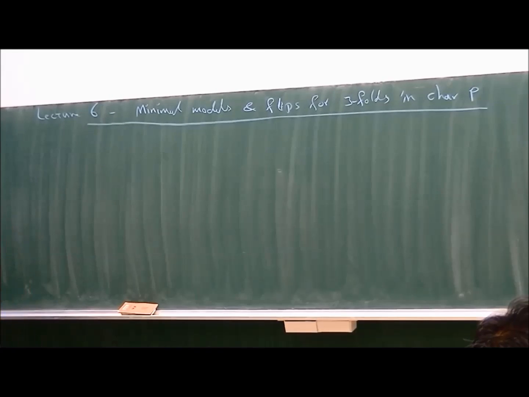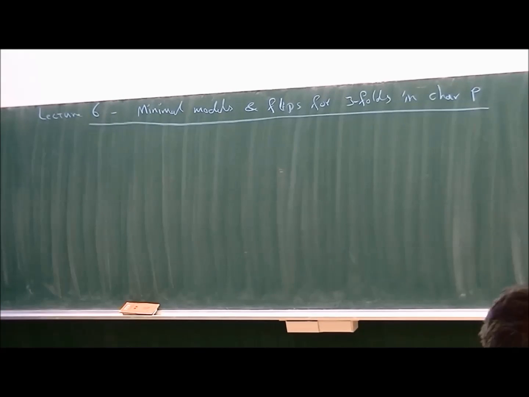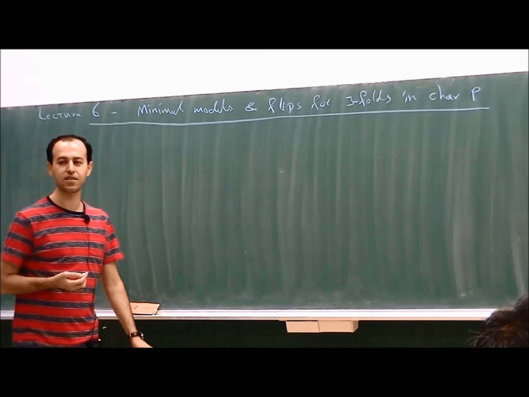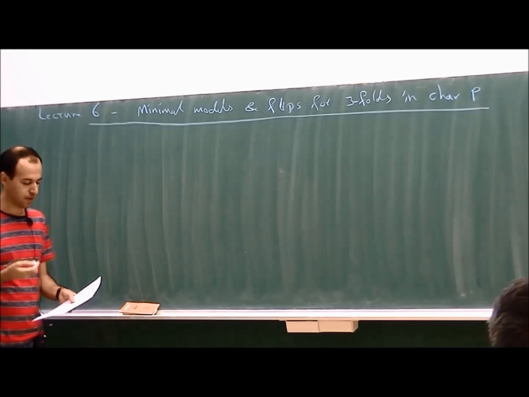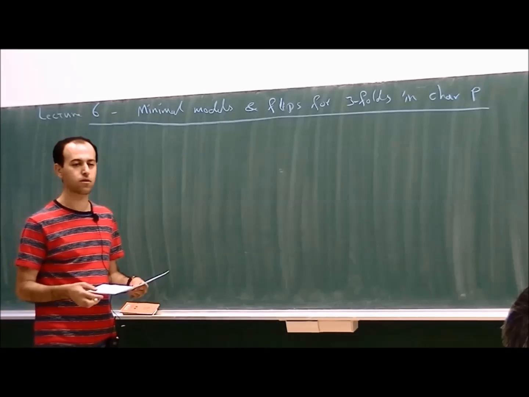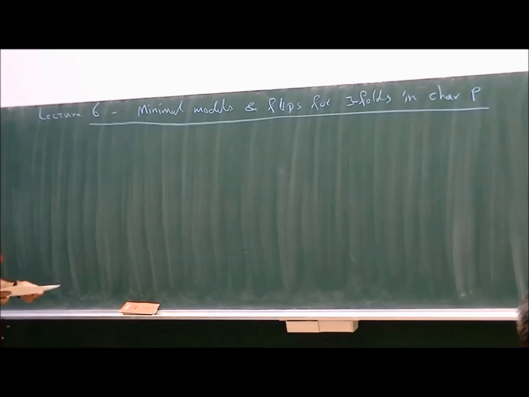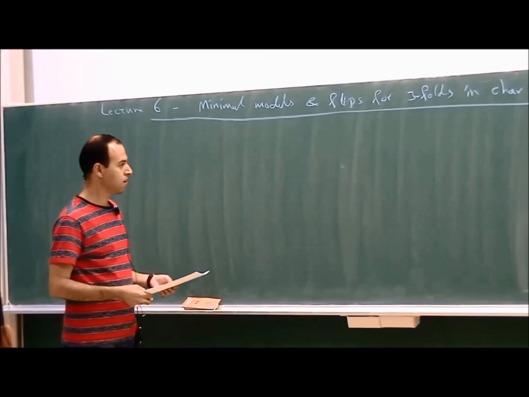But in fact, most of what I will say would be for any characteristic. That's simply because I would not get to the most interesting part, because it would be very technical, and just to talk about flips would require these three lectures. But anyway, I will still give you some of the really interesting ideas.